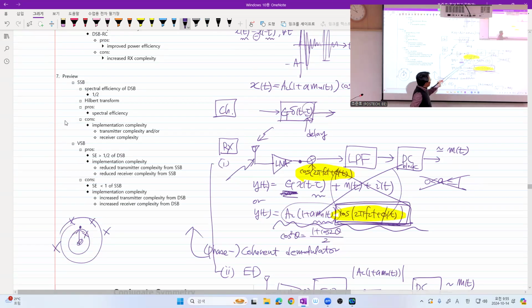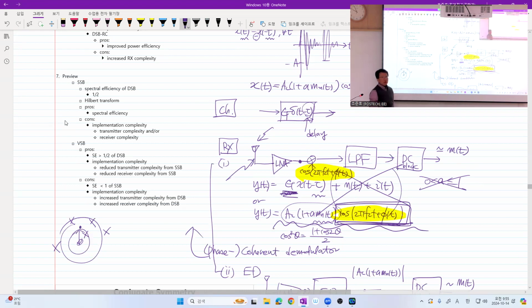Of course, this kind of receiver works not only for DSB large carrier, but also DSB suppressed carrier. And also you've seen that DSB with large carrier wastes some transmission power because it transmits the DC component, the unmodulated carrier.